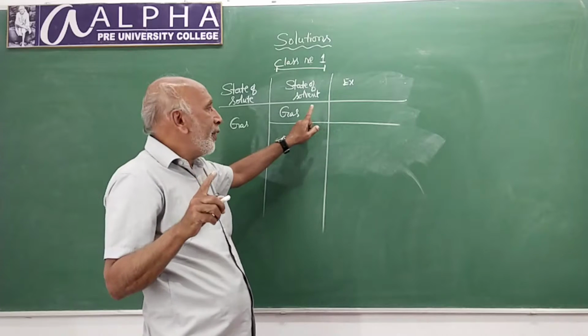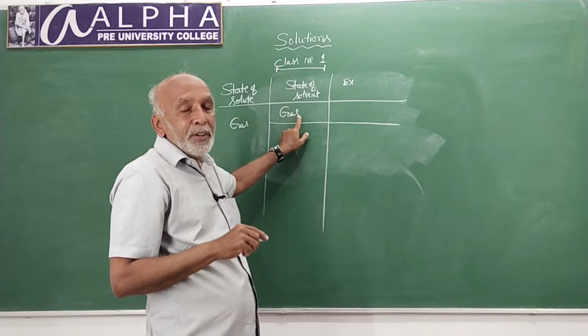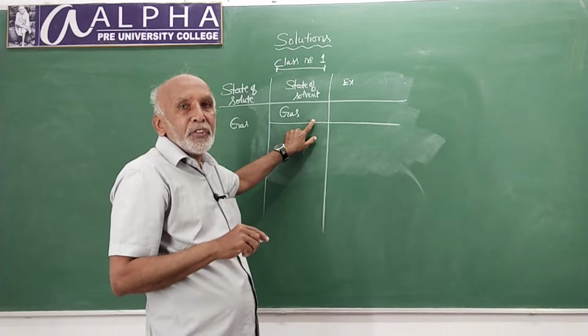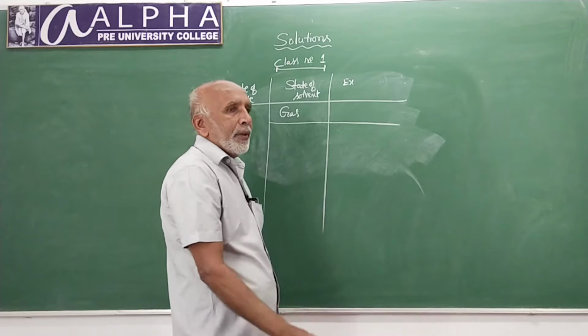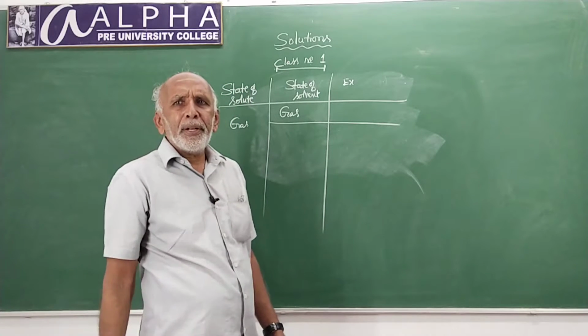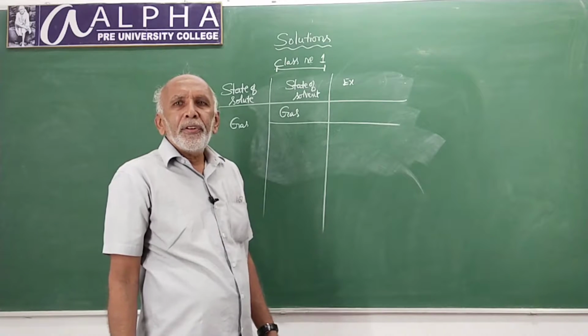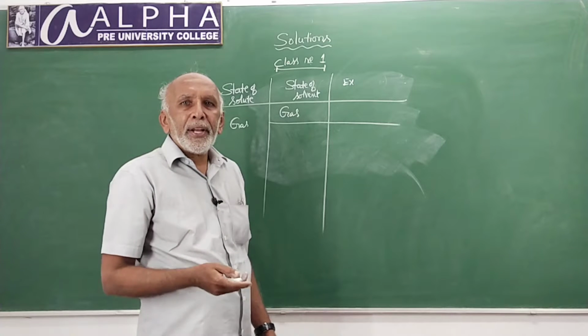Solvent state will be the state of solution. So the state of solution will be gas. Then example for that, the best example, air. You know, air is a mixture of nitrogen, oxygen, carbon dioxide, moisture, and so on.